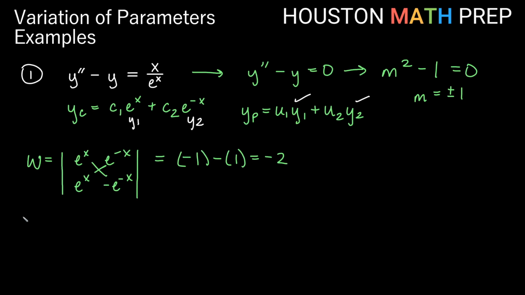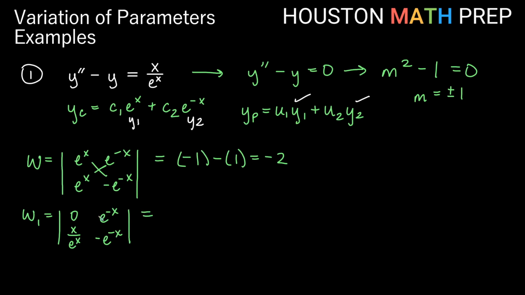If we now calculate W1, remember W1 is also a 2 by 2 Wronskian with this first column being replaced by 0 and our g of x on the right side, so we'll have 0 and x over e to the x. Our second column, remember, will stay the same for W1, so we'll have e to the negative x and negative e to the negative x.